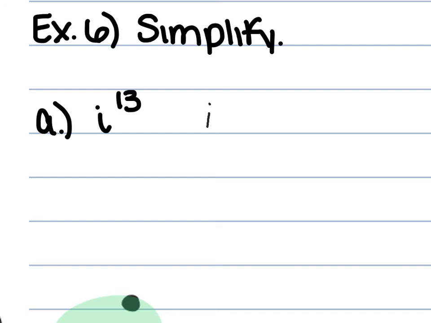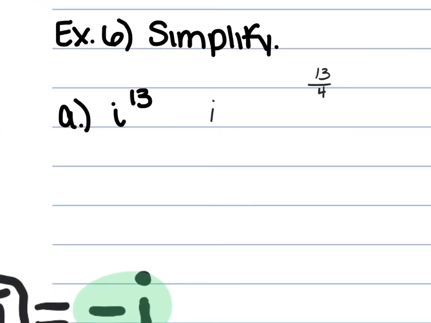So i to the 13th power, we're going to take 13 divided by 4. 4 goes in there 3 times, leaving me 1 left over, which does not go into 1, so we bring down a zero, and we get 3.25, right? 3 1/4.